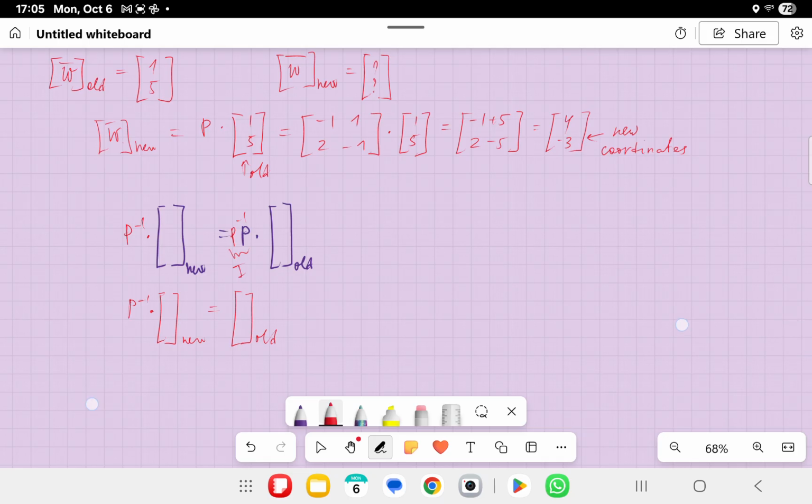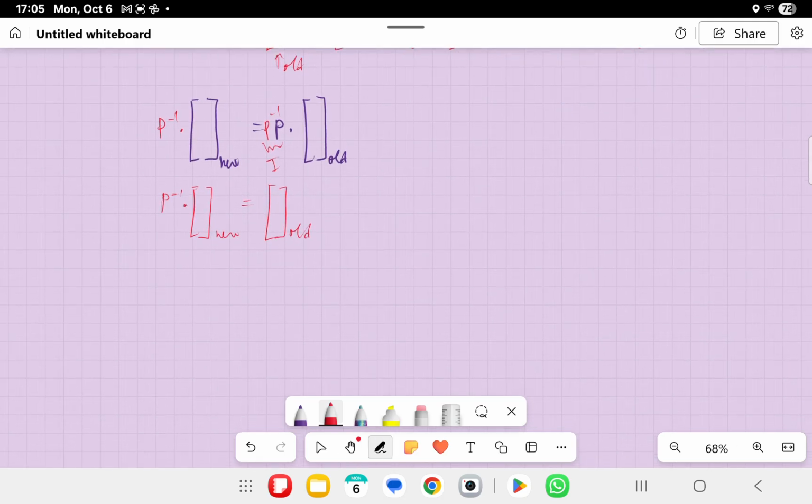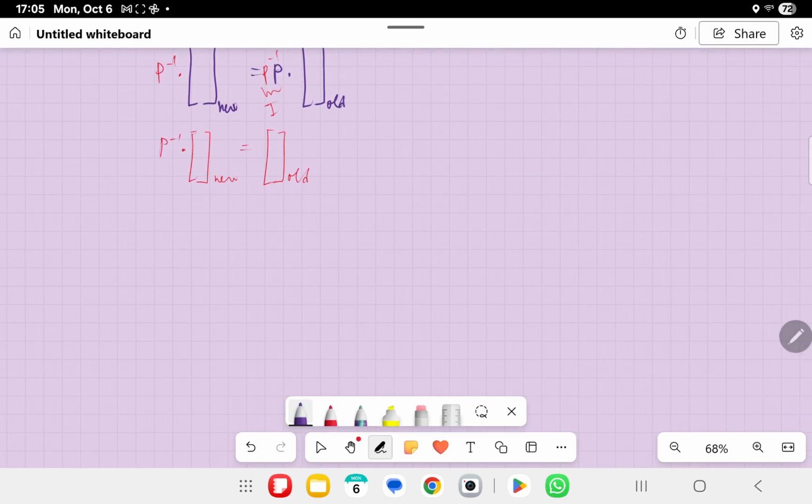Well, now what is going to happen in general? In general, guys, that's going to be the same transformation matrix.